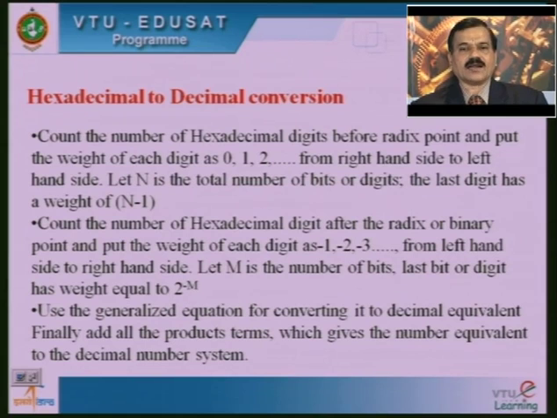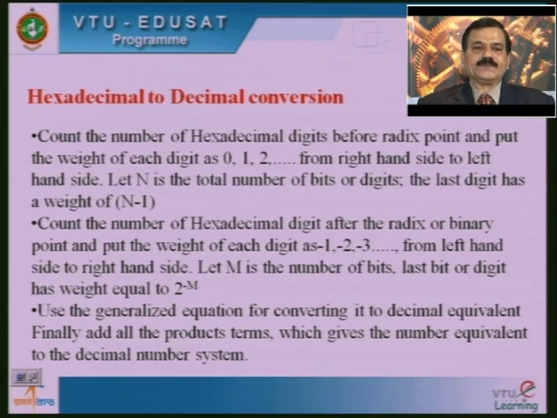The last bit or digit has weight equal to 2 to the power minus m. The last step is to use the generalized equation for converting to the decimal equivalent. Finally, add all the product terms, which gives the number equivalent in the decimal number system.